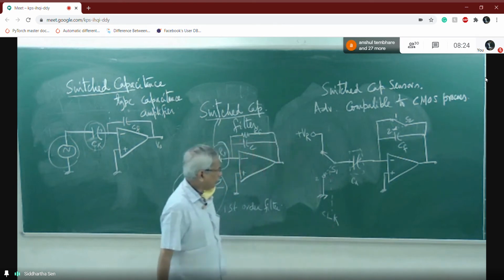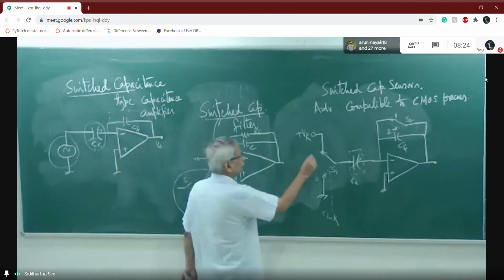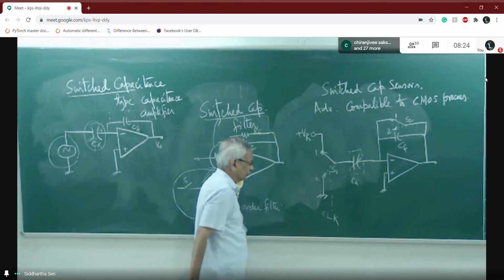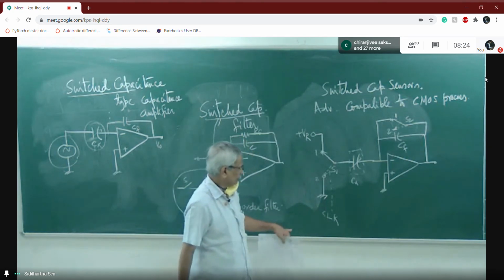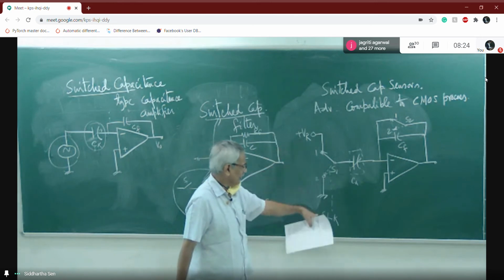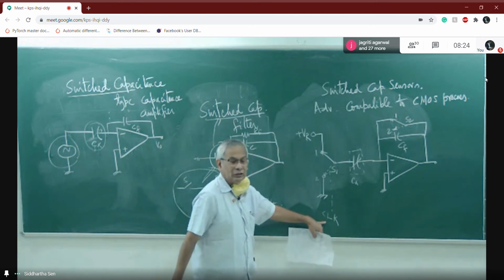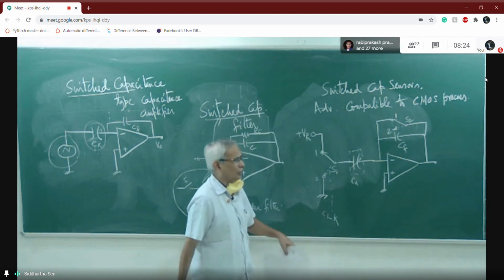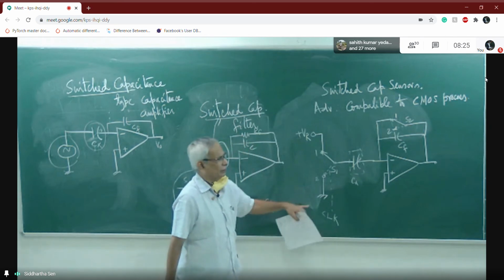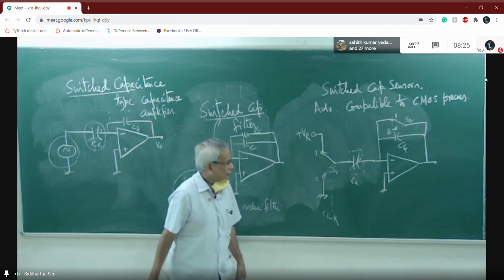So if the clock is high, the switch S1 is at position 1. If the clock is low, the switch is at the other position. So we require a simple DC voltage and a clock there. These are all very easy to generate, particularly using the CMOS process.